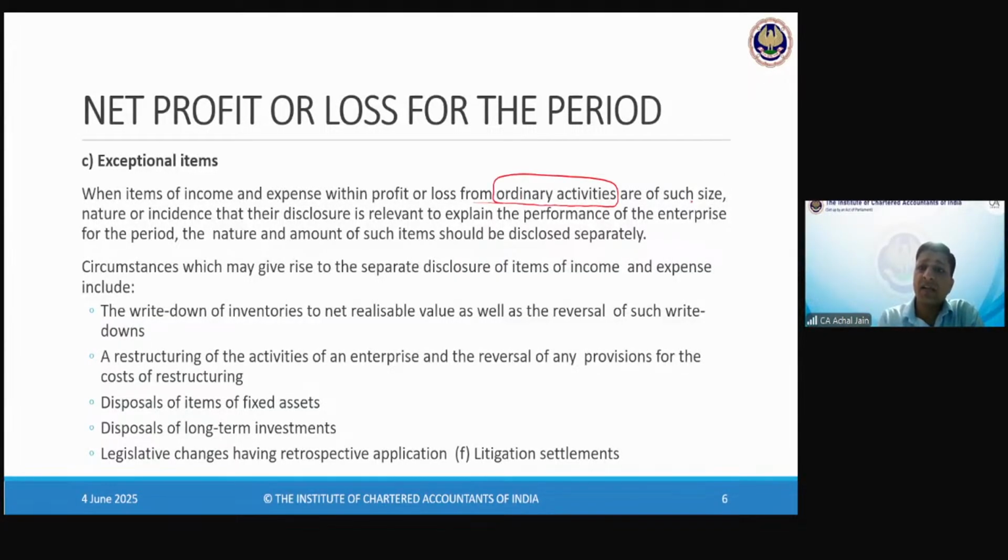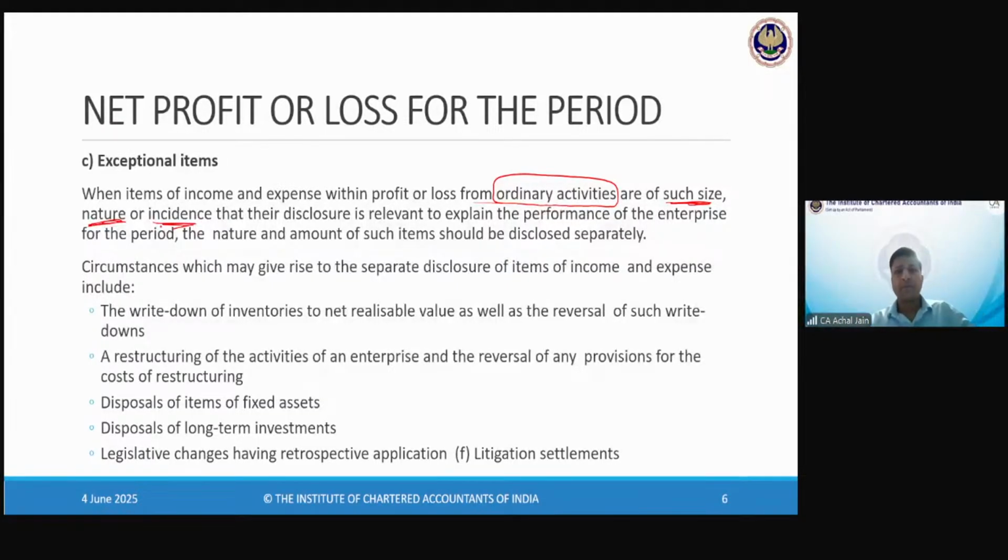But in this case, its size, its nature or incidence is such that you want to highlight it. That's why you will keep it as a separate line item. So that's the understanding you will have in relation to exceptional items. And here again, what is the requirement? You will present it separately and you will also disclose it in the notes to accounts.